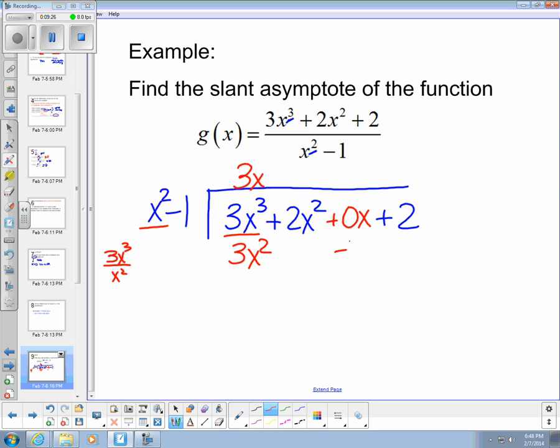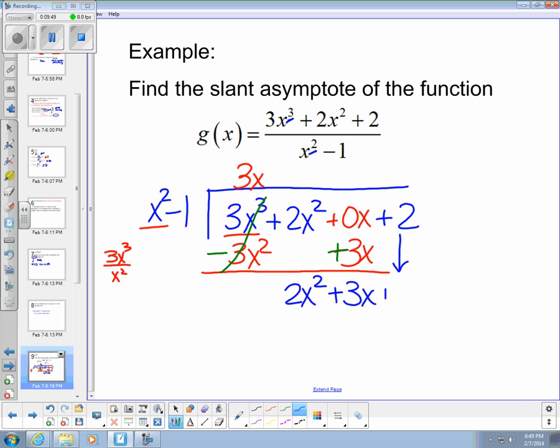And again, I need to keep things lined up. Then we subtract. And I'm going to change the signs here because if I subtract a negative, it's going to change to positive. The first set should cancel out. So now I have 2x squared plus 3x. I'm going to bring down the 2. Start the process over.